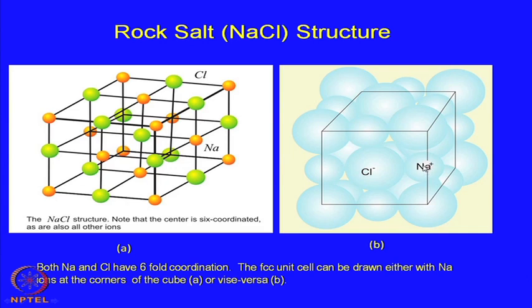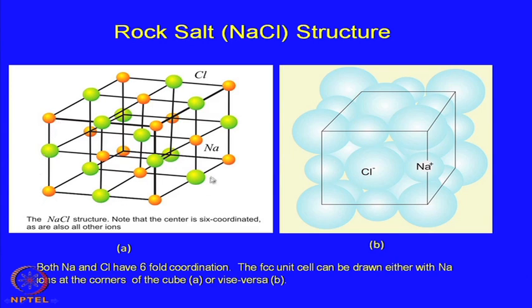So, the sodium ion actually goes to the octahedral coordination, and there are alternate sites in this structure. You will find that in different directions, you get one sodium, then chlorine, then sodium. In this direction also, this is chlorine and this is sodium.